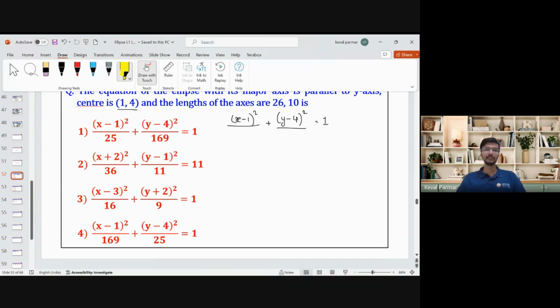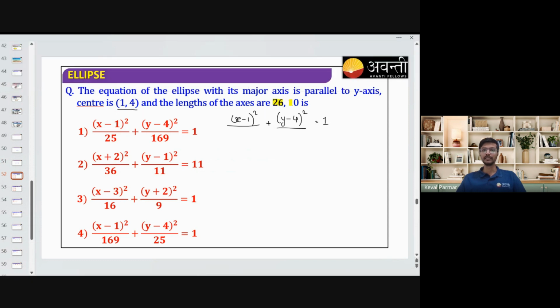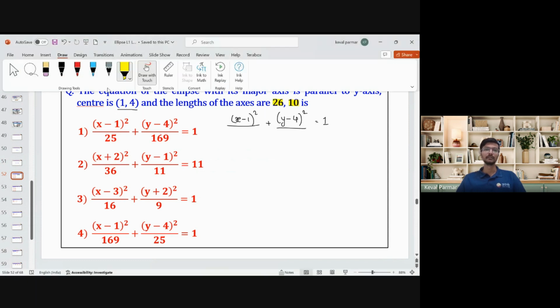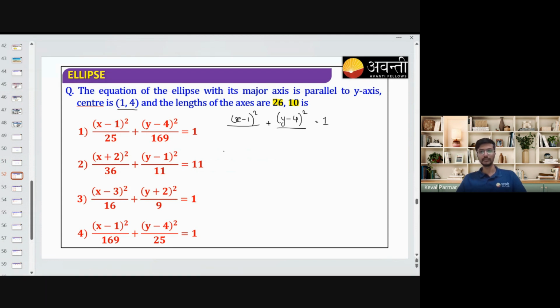Now you can see the lengths of the axes are given. What is the length of the major axis? The length of the major axis is 2b because the major axis is parallel to the y-axis, which is given as 26.